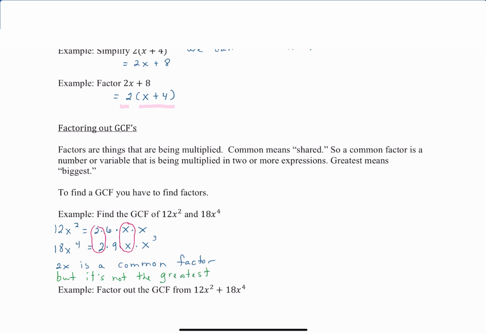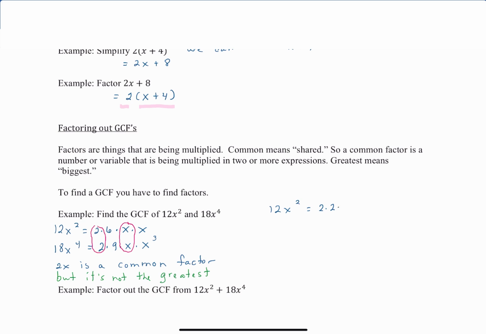This is because there's more stuff that's shared inside 12x squared and 18x to the fourth. So let's try again. 12x squared, if I break that down completely, what you might remember from an earlier class is prime factoring.